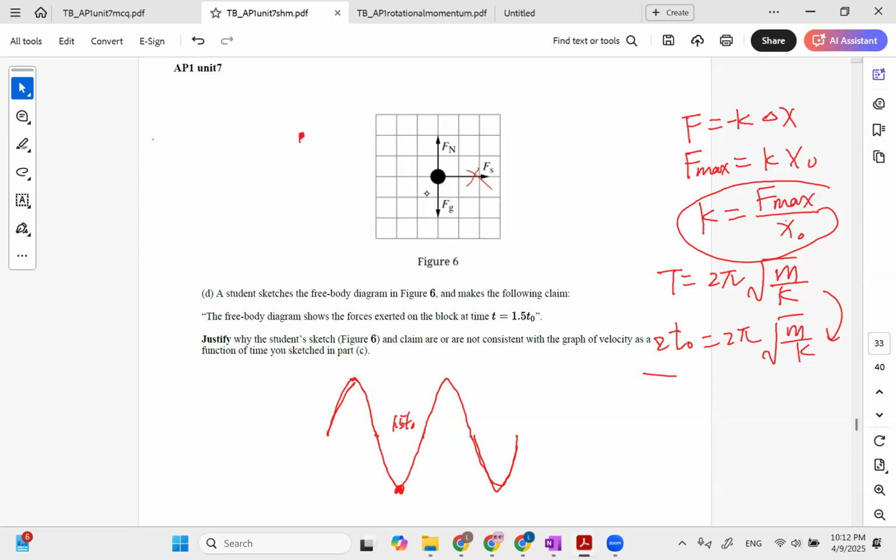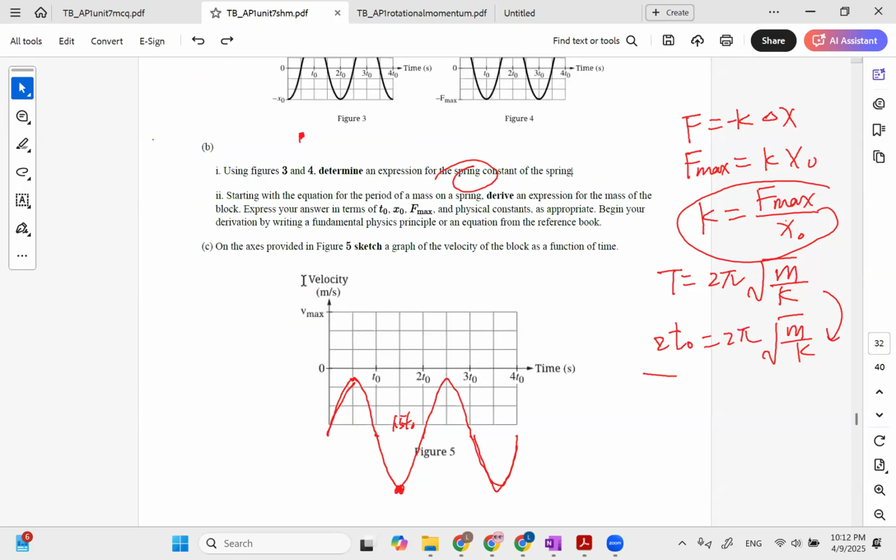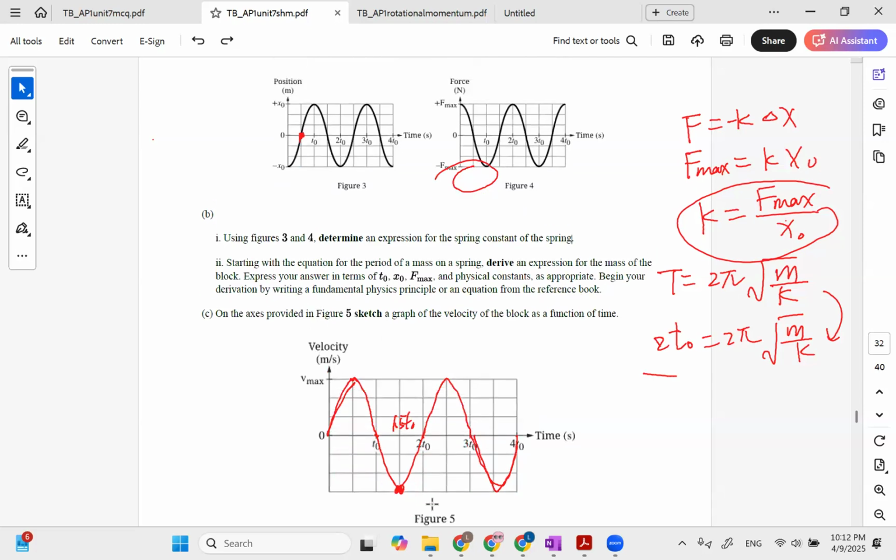That's why you cannot have a spring force. You agree? So horizontally, your net force will be 0. You get the spring force going to the right. That's why it cannot be t equals 1.5 T0.